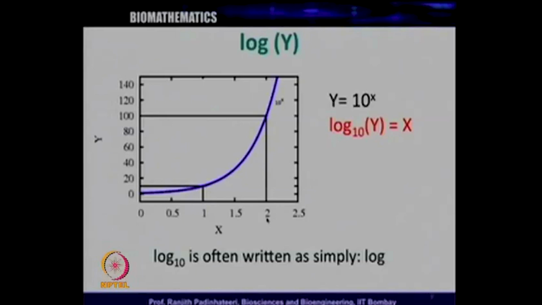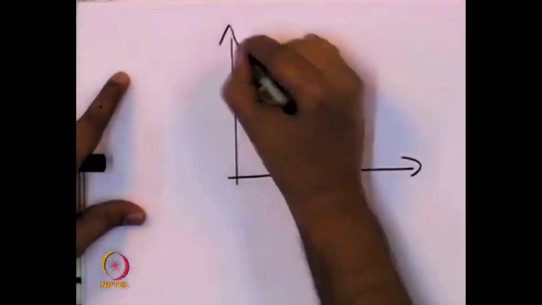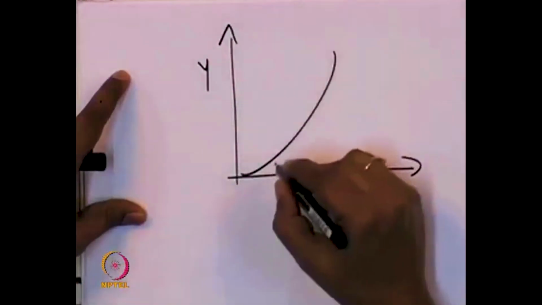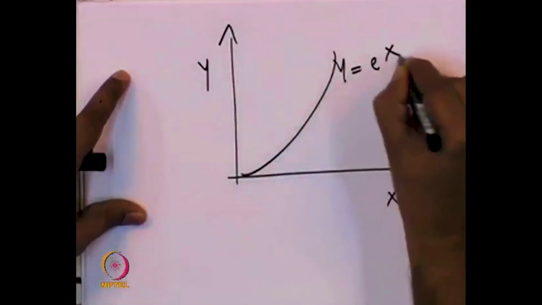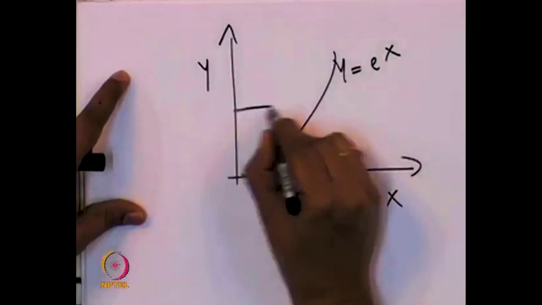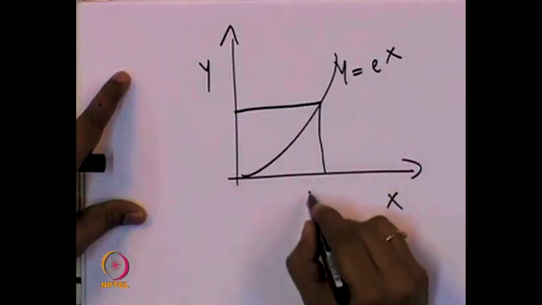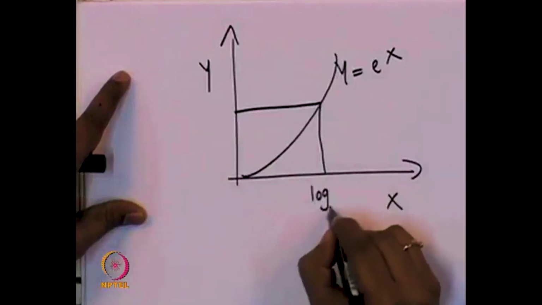Similarly, you could ask this question: instead of 10 power x as the base curve, if you had e power x as the base curve, what will be the corresponding x value? So, let us say instead of 10 power x, this is x, this is y, this is y equal to e power x, and if you take a y value and calculate the corresponding x value, this is also a logarithm, but you call it log to the base e.